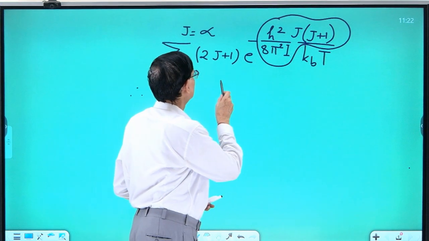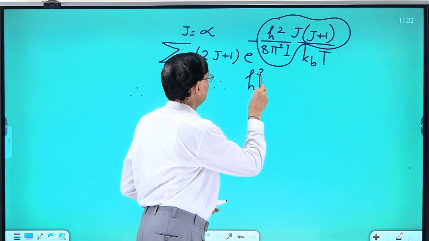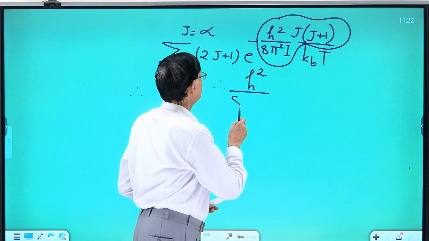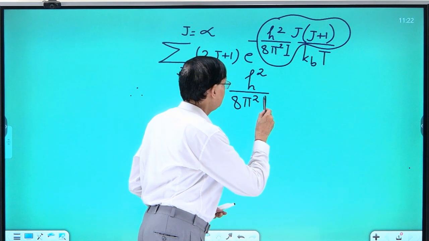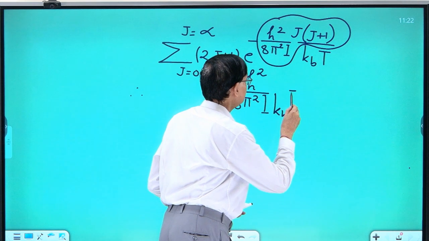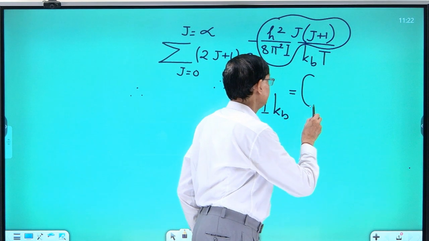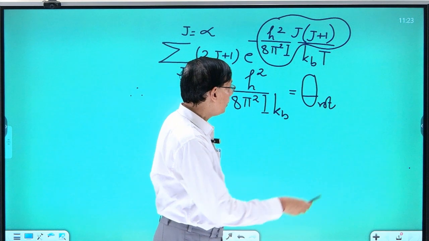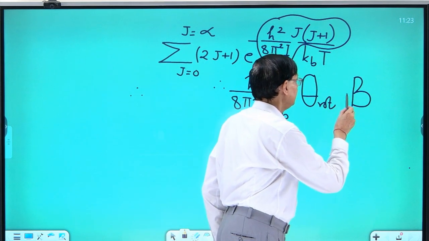So, suppose h square, h is the Planck constant, you know the value, I will not show you the value of the Planck constant, 8 pi square I, moment of inertia, and kB, this term is suppose theta. Or I can call it suppose B. In some books it is written B, in some books it is just theta.